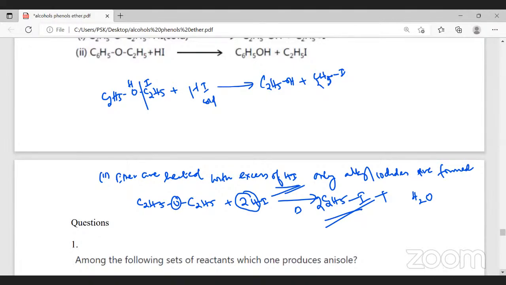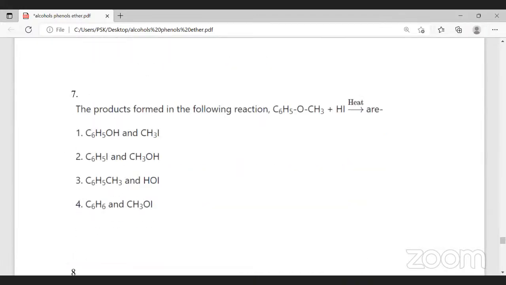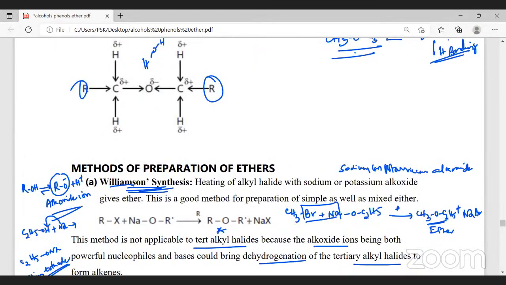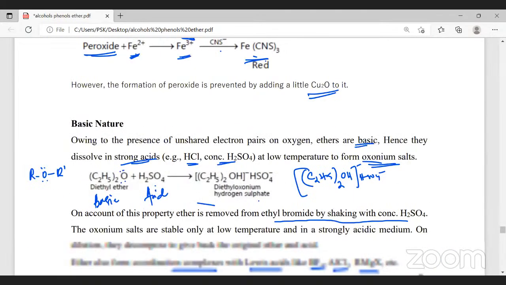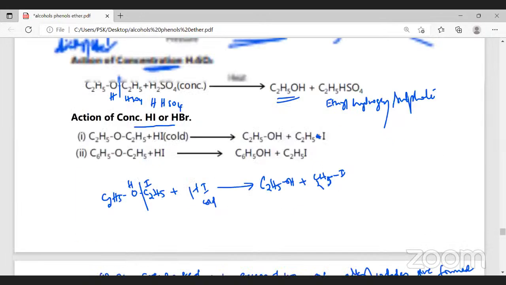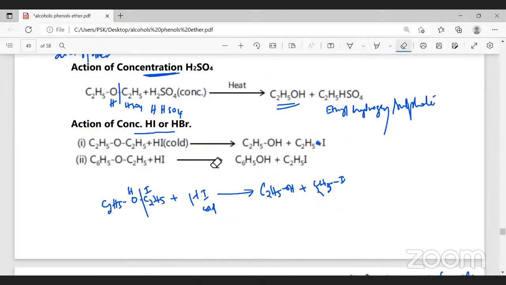Now, some of the aromatic reactions also I have to teach you. We will learn some of the aromatic reactions now, and then we'll go to the questions. This is the last part of the theory in this chapter. Now, I will use this space because to write the reactions, I need some space.